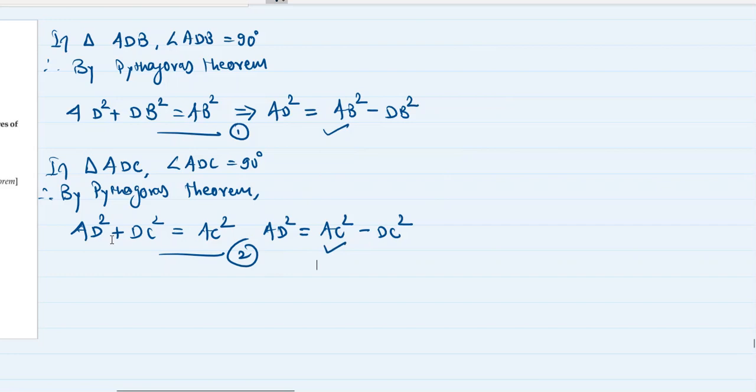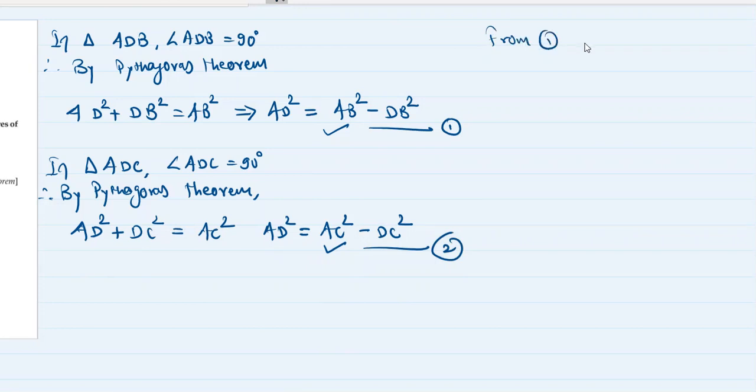So from 1 and 2, we can say that AB square minus DB square is equal to AC square minus DC square.